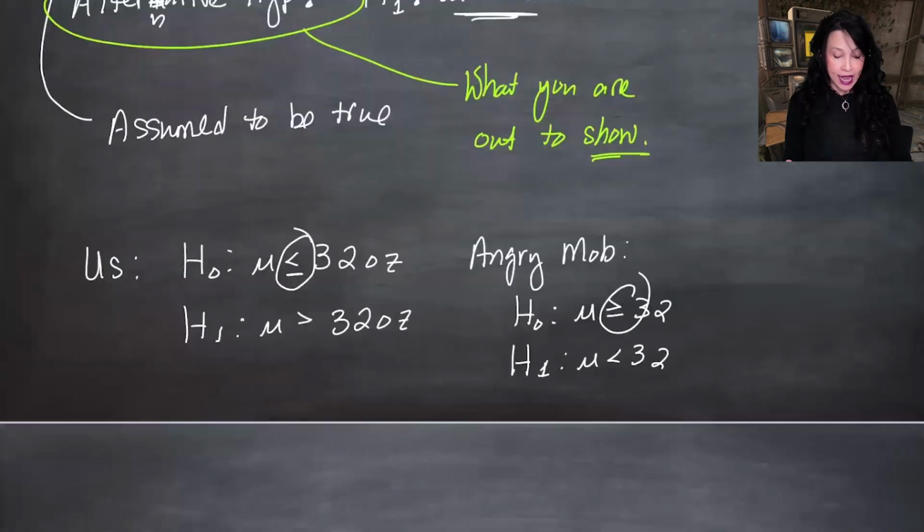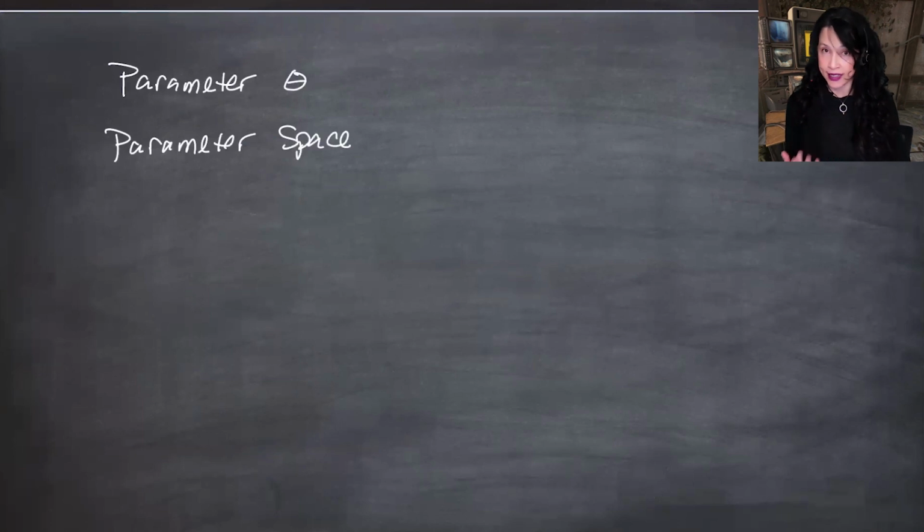Right. As we get going into more generic hypothesis testing, we're going to be looking at a parameter, theta, which will live on a parameter space. If theta is the lambda for an exponential distribution, it lives on the interval from 0 to infinity.